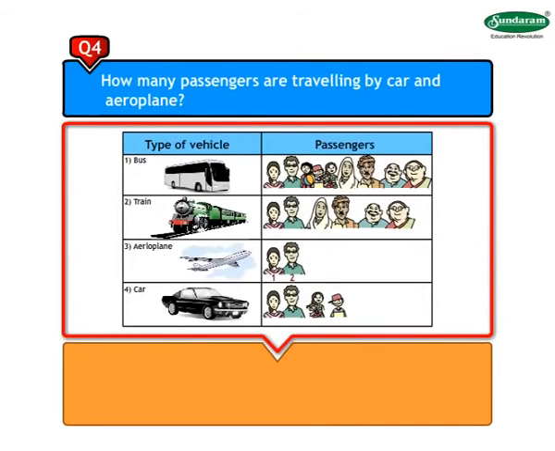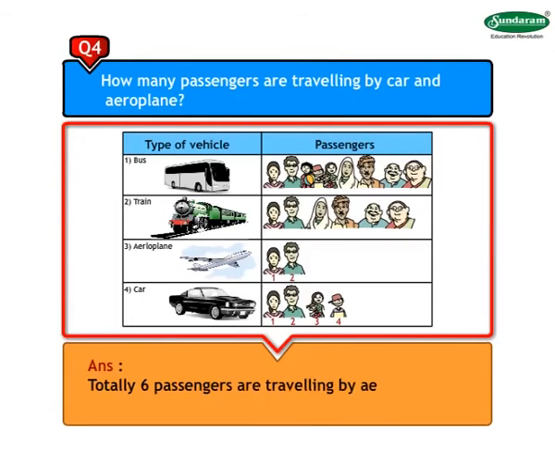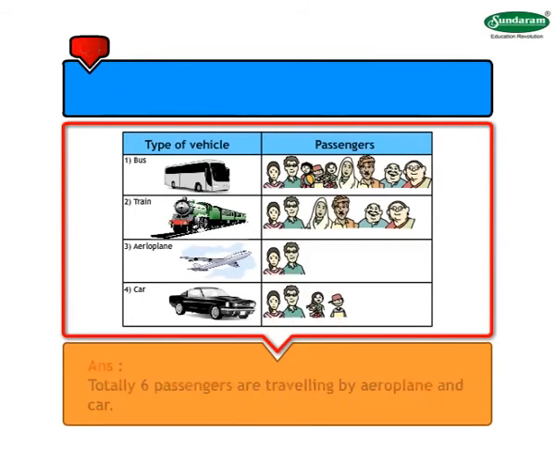Then count the passengers traveling by car, that is 4. Add the numbers to get the answer. Thus, 2 plus 4 is equal to 6 passengers. Thus, the answer is 6 passengers are traveling by aeroplane and car in total.